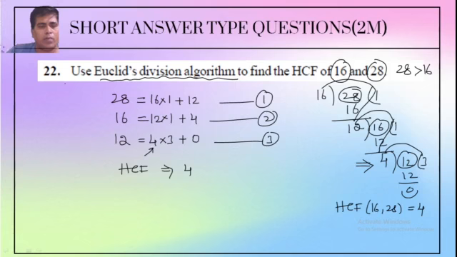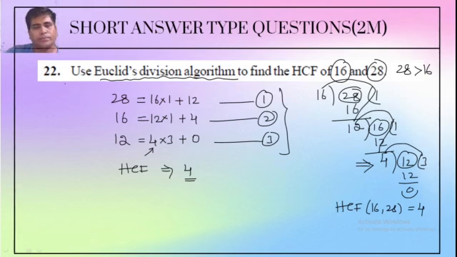This is the way we solve the Euclid division algorithm by the long division method. If not, we can write these statements like this. 28 is equal to 16 into 1 plus 12. Again 16 can be written as 12 into 1 plus 4. Again 12 can be written as this one. So this is the way we can write the Euclid division algorithm to find the HCF.